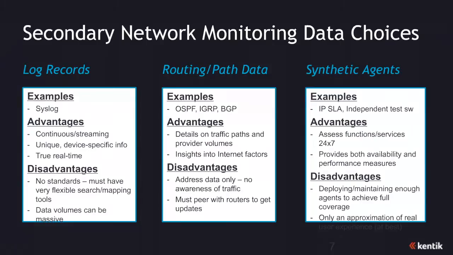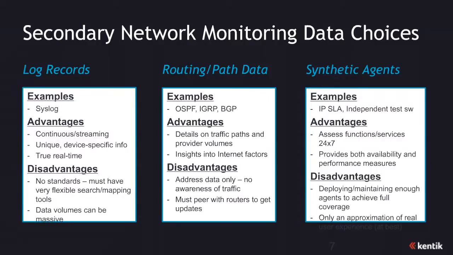The last one I'll mention, just because I've always been fascinated by it as another supplemental data set, is synthetic agents, things that can help you understand both the availability and performance of very certain types of features or applications. You can sprinkle these inside and outside your network just to keep an eye on key apps and functions and services and do it 24/7, regardless of whether it's actually being used.